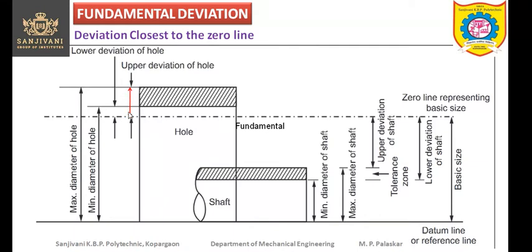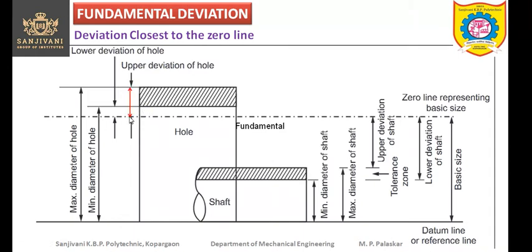Once again, this is the datum line or the reference line, this is the zero line, this is the hole, and this is the tolerance zone for the hole. Then this is the minimum diameter of the hole or minimum limit of size. This is the maximum diameter of the hole or maximum limit of size, and this is the tolerance.